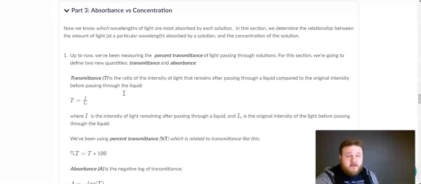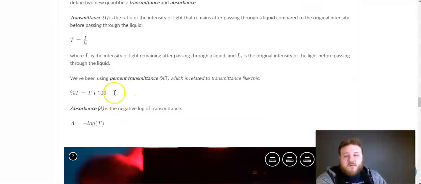We could figure that out depending on what type of machine we were using and what we're calculating, but we don't have to do that equation for this lab. Basically, the transmittance rulers that they provided, the measurement tools in the video, already did that for us. So this percent transmittance, that's what we're measuring, using the tool they gave us.